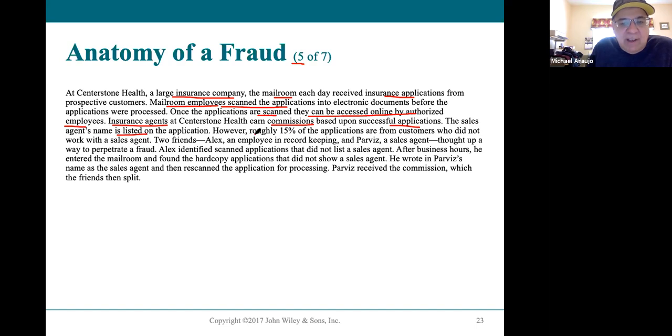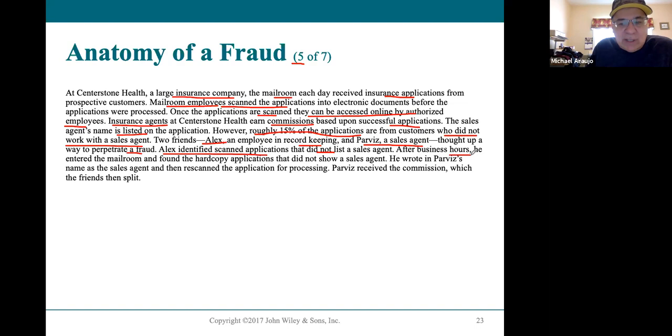However, 15% of all the applications were from customers who did not work with a sales agent. So two friends, Alex in record keeping and Parviz, who's a sales agent, thought up a way to perpetuate a fraud here, okay? Alex would identify the scanned applications that did not have an agent.